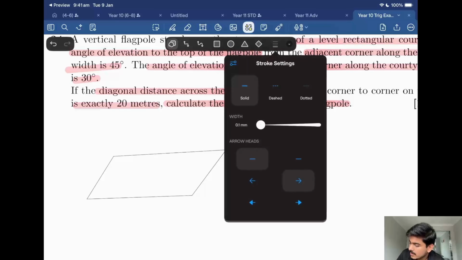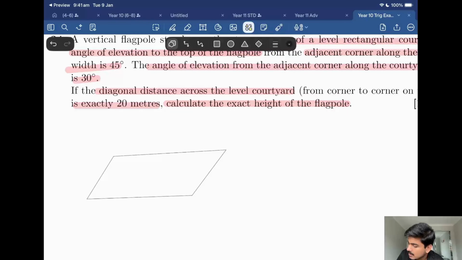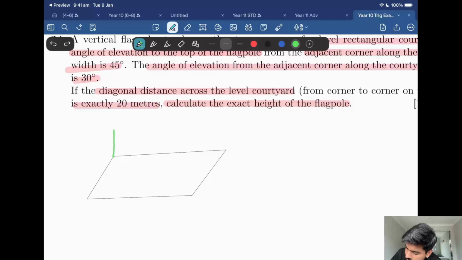That's our courtyard, and there's a flag up here. So our flag is up here.